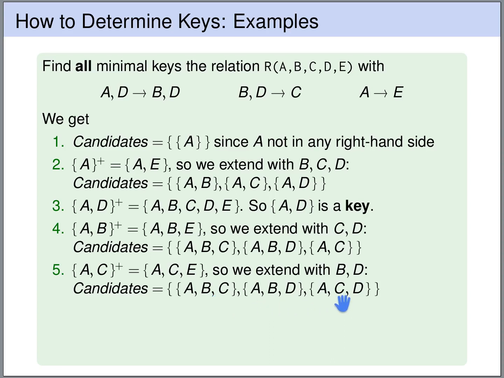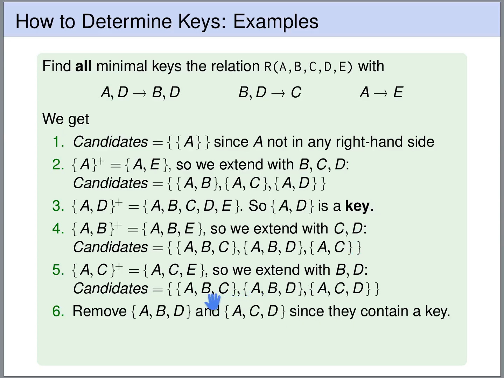Now observe that 2 of these candidates contain a key that we have already found. Namely, ABD contains AD and ACD contains AD. So these we can throw away immediately because they can never give rise to a minimal key. They contain a key that's already in the results. So we throw away these 2 and are left only with 1 candidate, ABC.